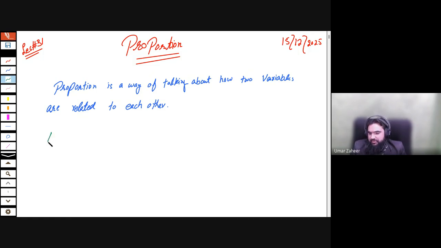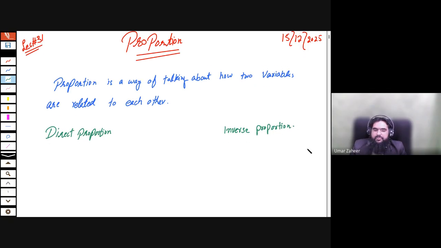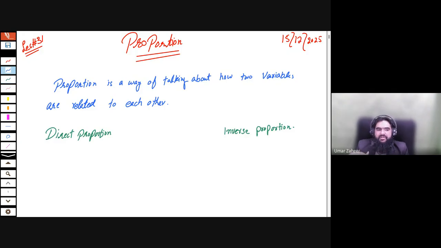The first is known as direct proportion, and the second is known as inverse proportion. Direct proportion is basically, for example, if you have a quantity or variable and you increase the value of the first variable, the second variable also increases.